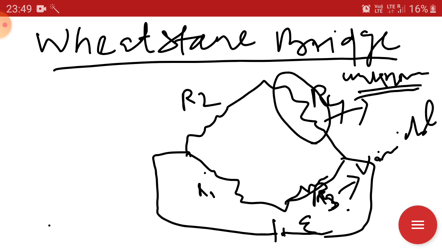We will vary R3 so that they will be in a balanced condition. Balanced condition means if I join a galvanometer, then the galvanometer will show no deflection, or zero deflection.